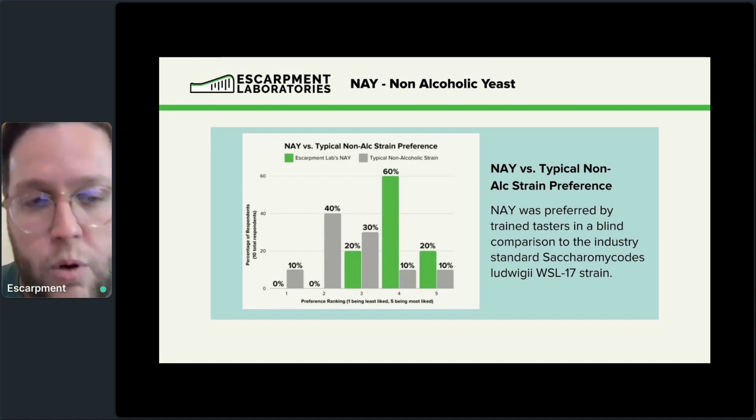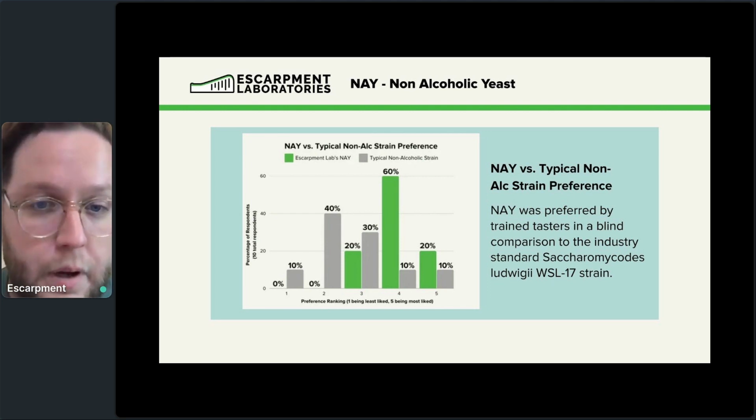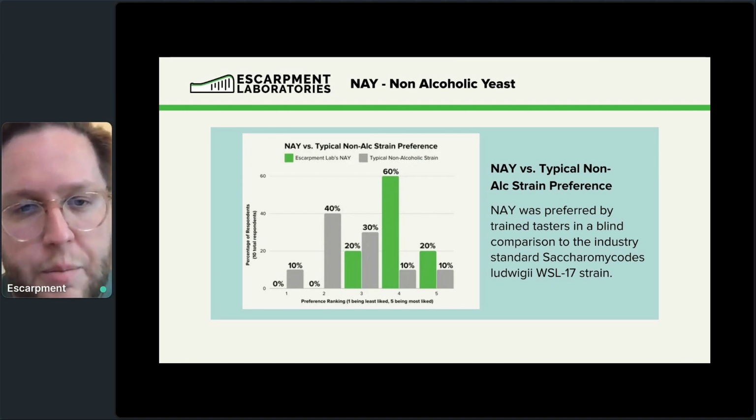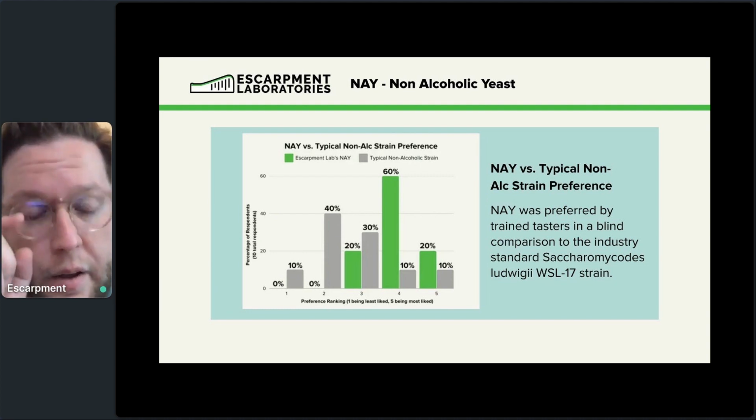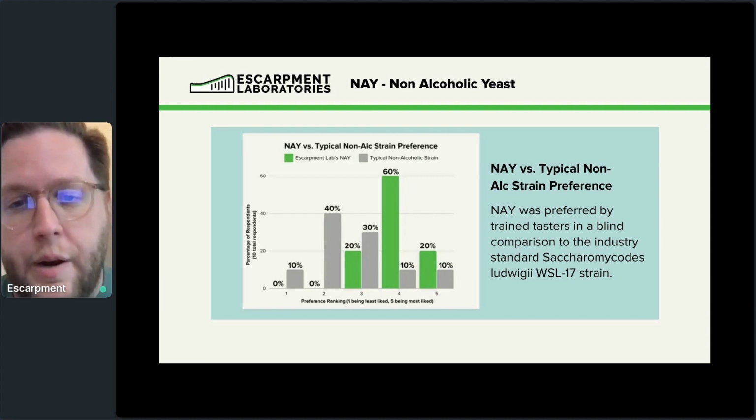There are now more options coming to the market, which is really exciting. But at the time, we wanted to compare it, and in this trial, we did prefer the NA over the Saccharomyces ludwigii. That also shows that there are some differences between a lot of these maltose negative yeasts, and we do often find brewers will try out a number of different maltose negative strains before settling on their preferred strain.